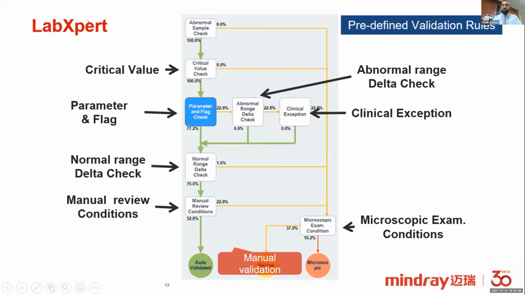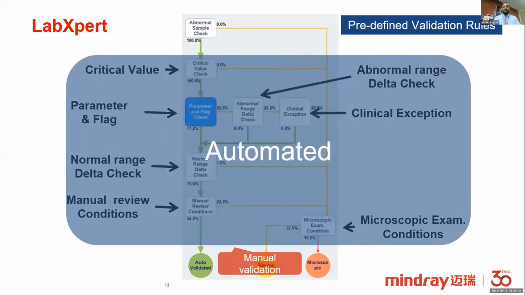We call it Lab Expert because it is an expert in laboratory, and it can help you define your rules based on clinical value, abnormal range, delta check, or all information, rules that you can set up by yourself to help you reduce manual validation and validate most of the positive samples based only on what you define by yourself. And as I told you, all these rules and validation are automated.